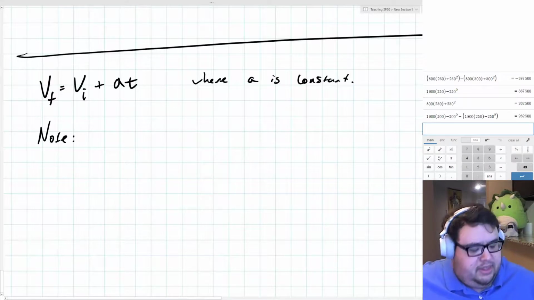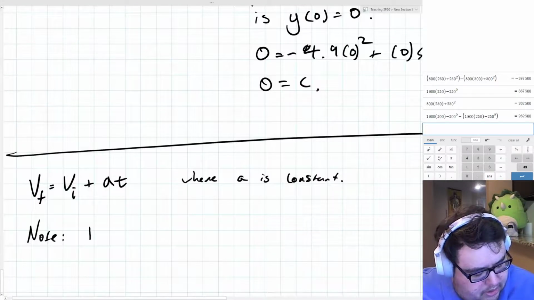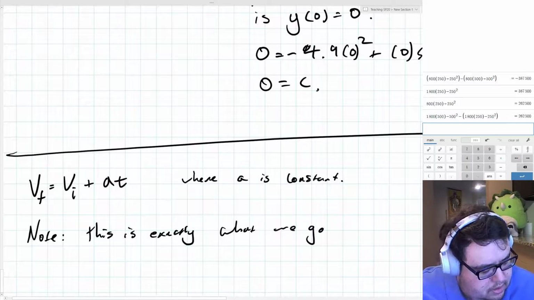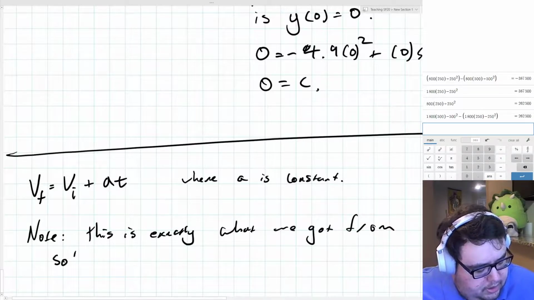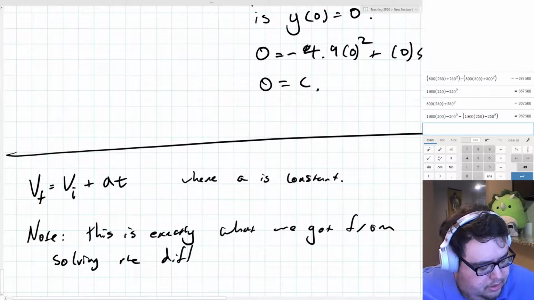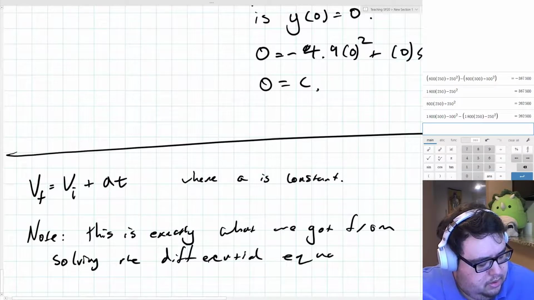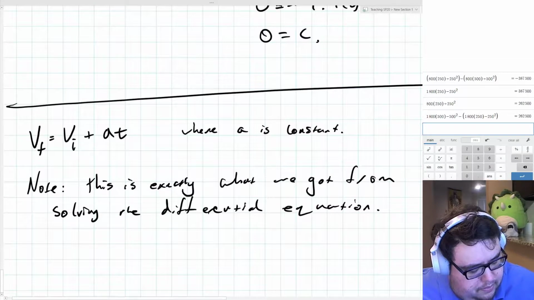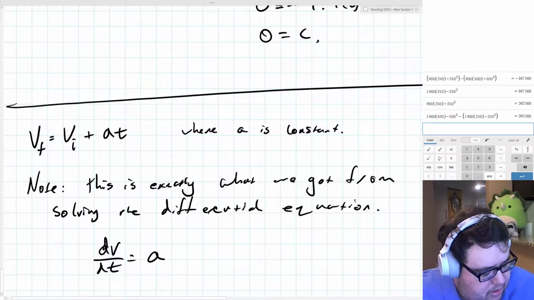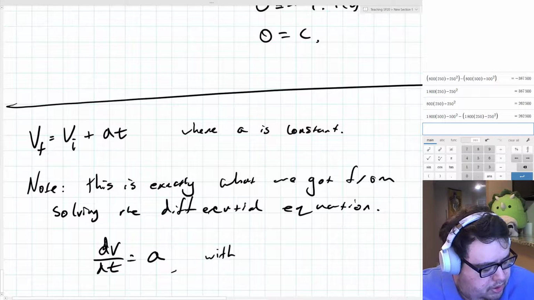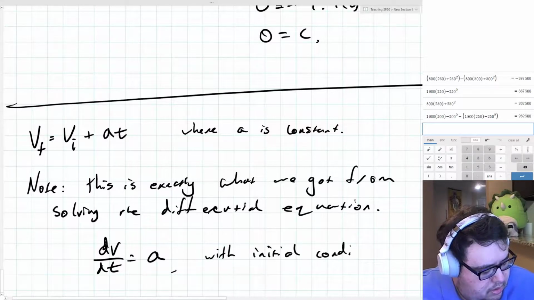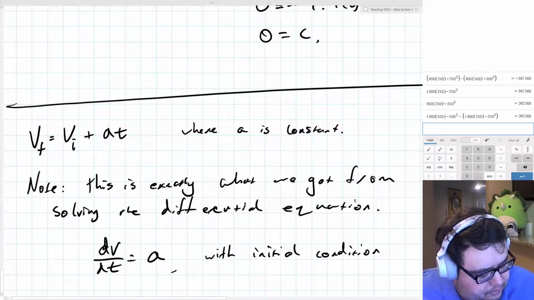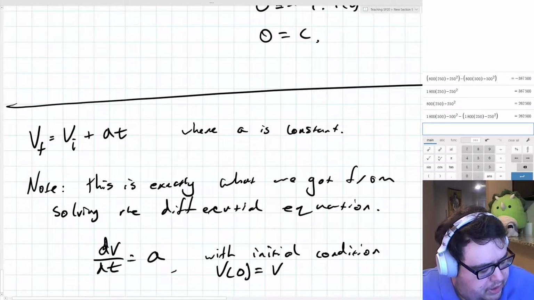Note, this is exactly what we got from solving the differential equation dv over dt is equal to a, with initial condition v of 0 is equal to the initial velocity.